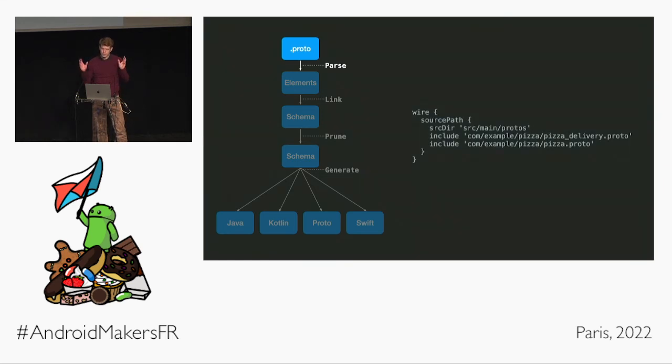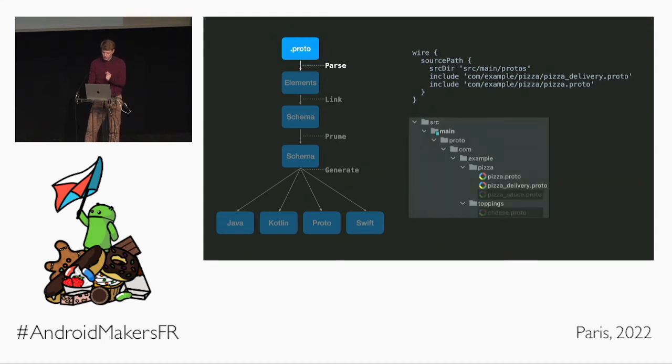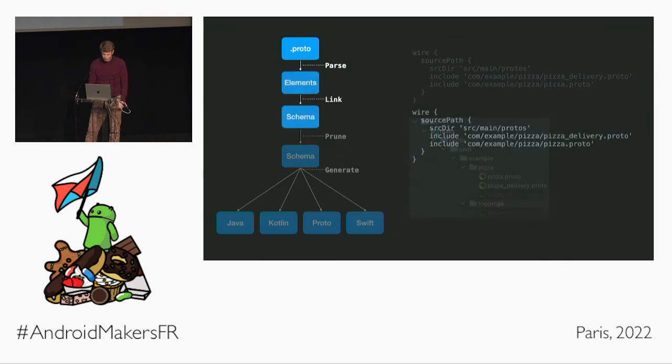And if you have a list of protos, but you don't want Wire to load all of them, you can use the include statement. So saying, okay, just look at those. If you had 4 protos, but only 2 includes, only those included will be loaded by Wire. And the other 2 would be like non-existing.